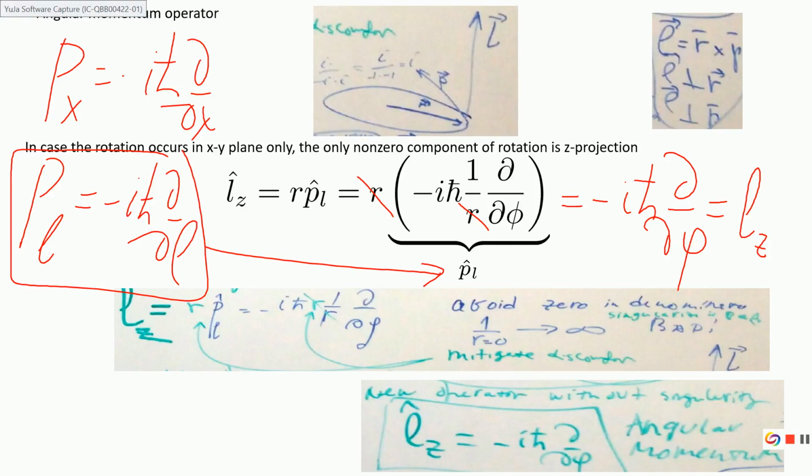And in case all angles are rectangular, if momentum is perpendicular to the position vector, and angular momentum is perpendicular to the other two, then the absolute value of the angular momentum is just the product of distance and momentum. If they are at an angle, then there will be a sine between them. If they are oriented in space, there will be metrics for the cross product. But now we don't need that.